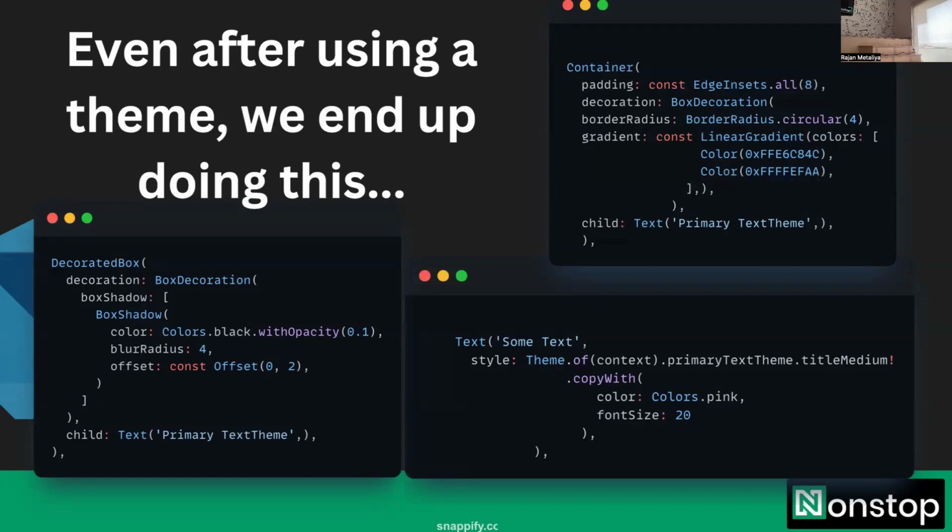Like if the designer gives a button some kind of gradient, none of the properties give color like this. Same for text styles. I agree that for a very few cases, where there is one place you have to show it differently, we can use copyWith for that specific thing, but not for the entire app.